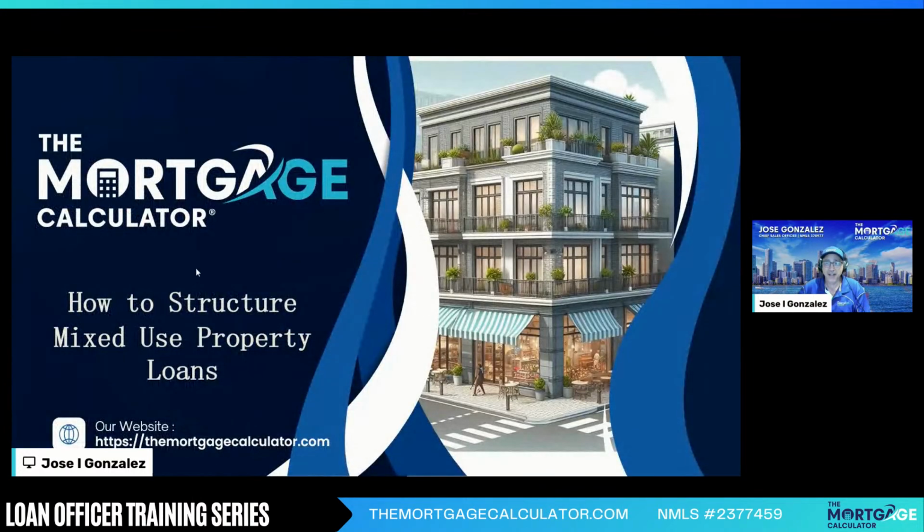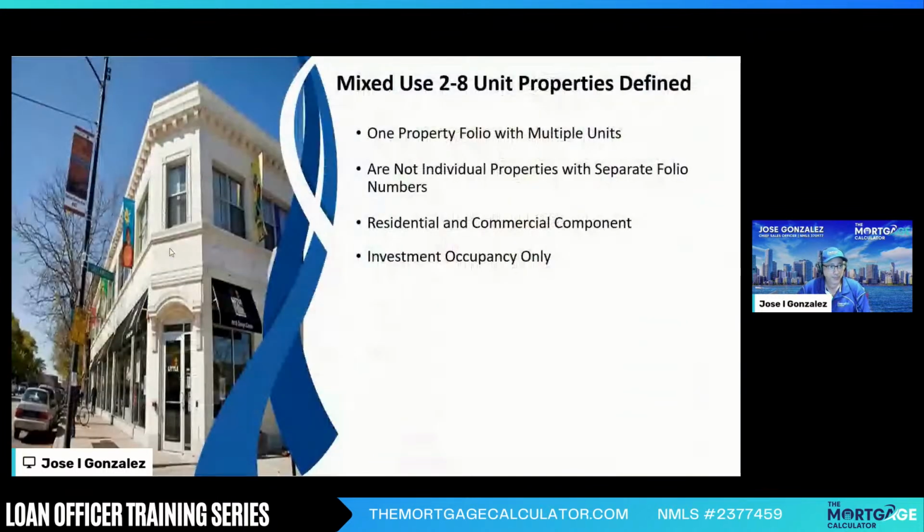So let's get right into it again, how to structure our mixed-use property loans. When we're talking about a mixed-use property, we're talking about the kind you see there in the photo, where the first floor is commercial, second floor and higher is residential. That is actually a requirement for these mixed-use properties. What we're talking about here is one property folio that has multiple units.